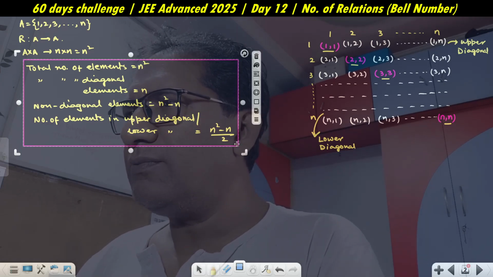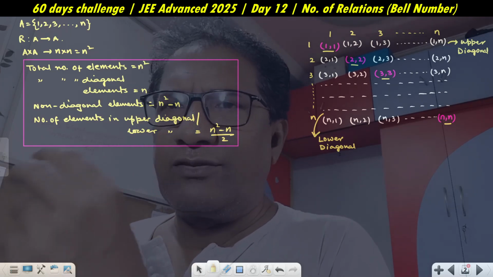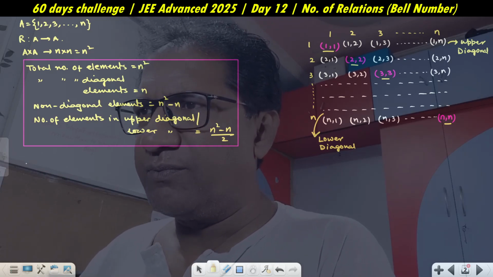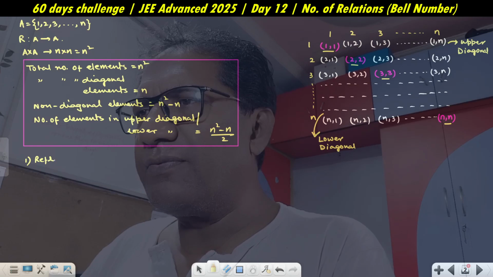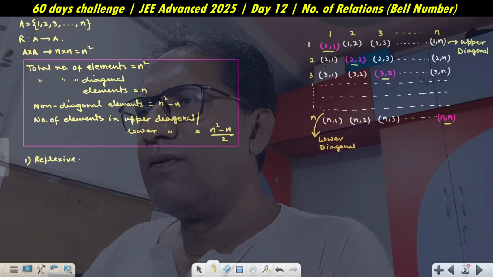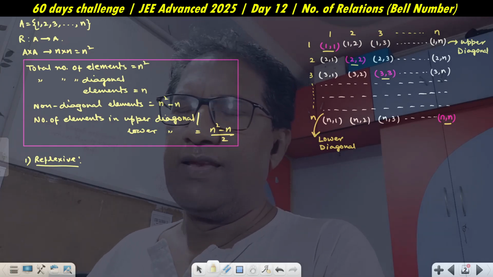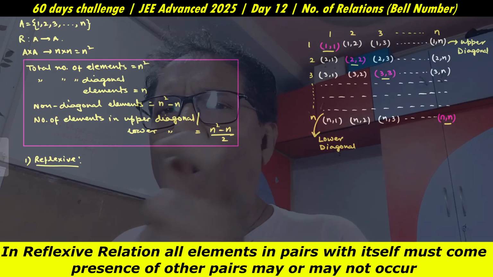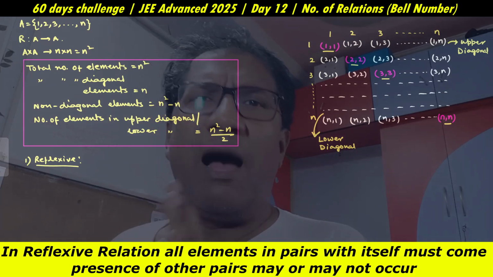Right? Now, one by one, we will find out the total number of possible relations. Number one, first is reflexive. How many reflexive relations are possible? See, in a reflexive relation, what is the definition? All the pairs must come.